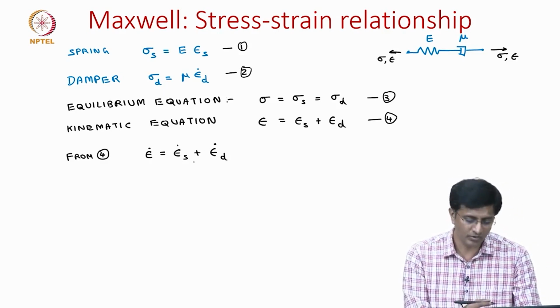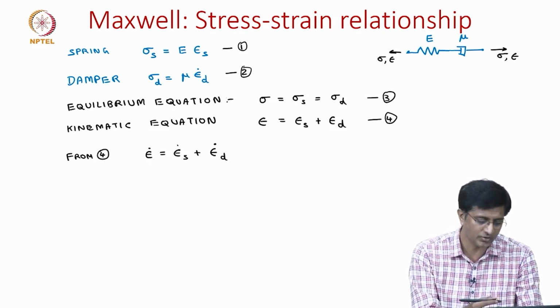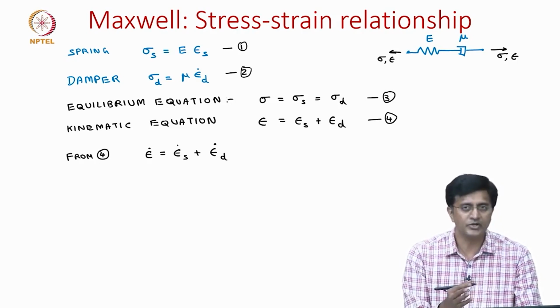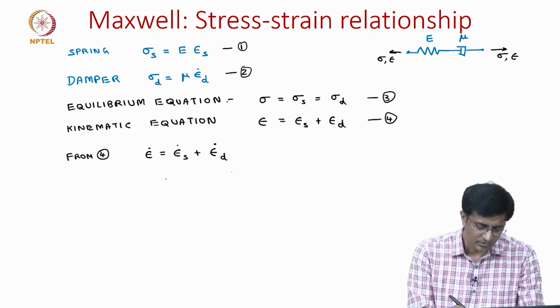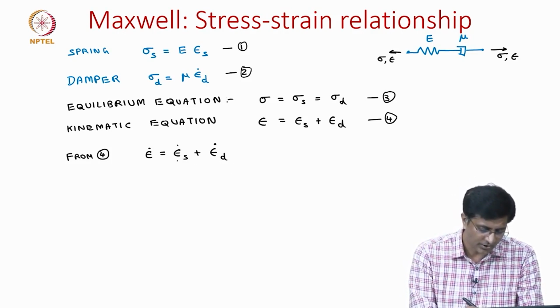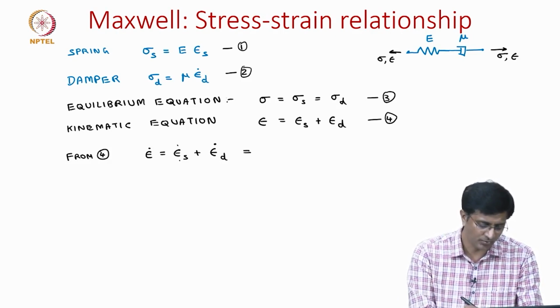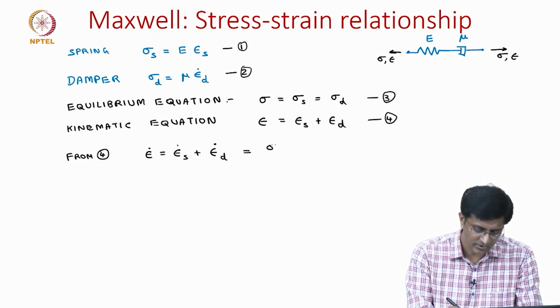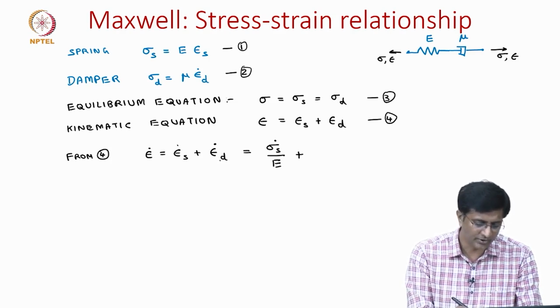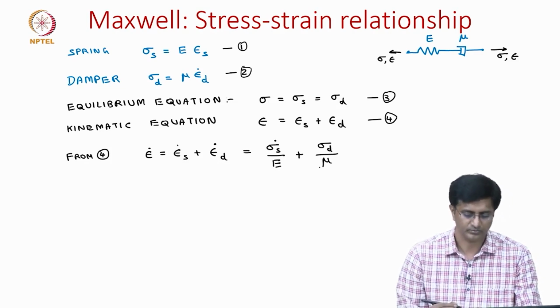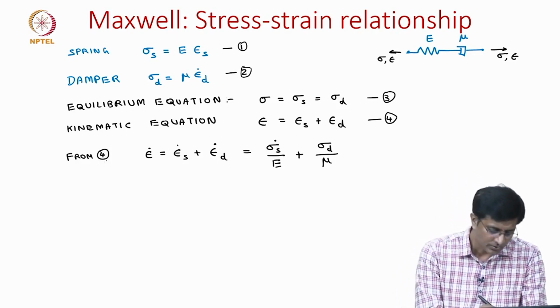We look at strain rates because for the damper we already have the strain rate, so it will be easy to write in terms of the strain rate in the damper. For the spring, differentiating both sides of equation 1, we can write the strain rate in the spring as sigma s dot by E. And the strain rate in the damper is readily available, which is simply the stress in the damper divided by the viscosity mu. So, we used equations 4, 1 and 2.